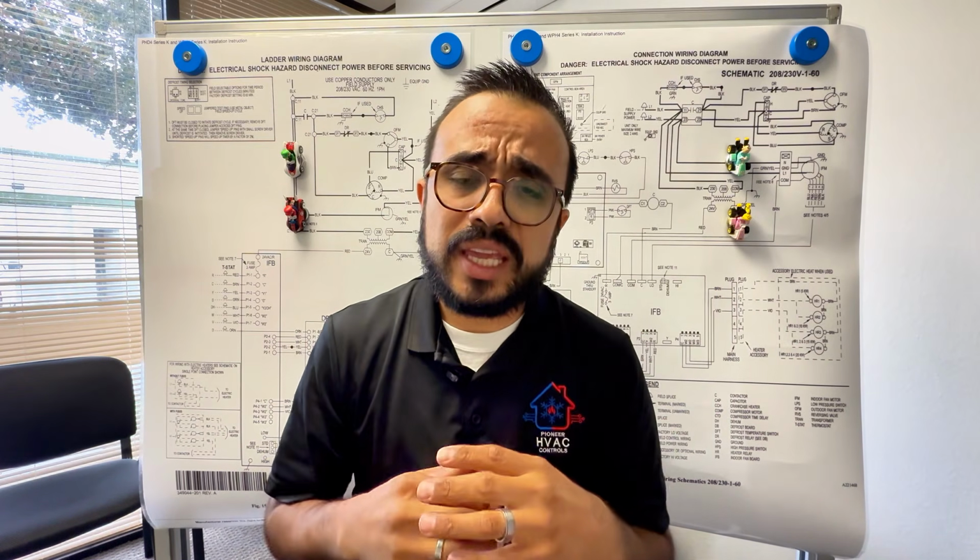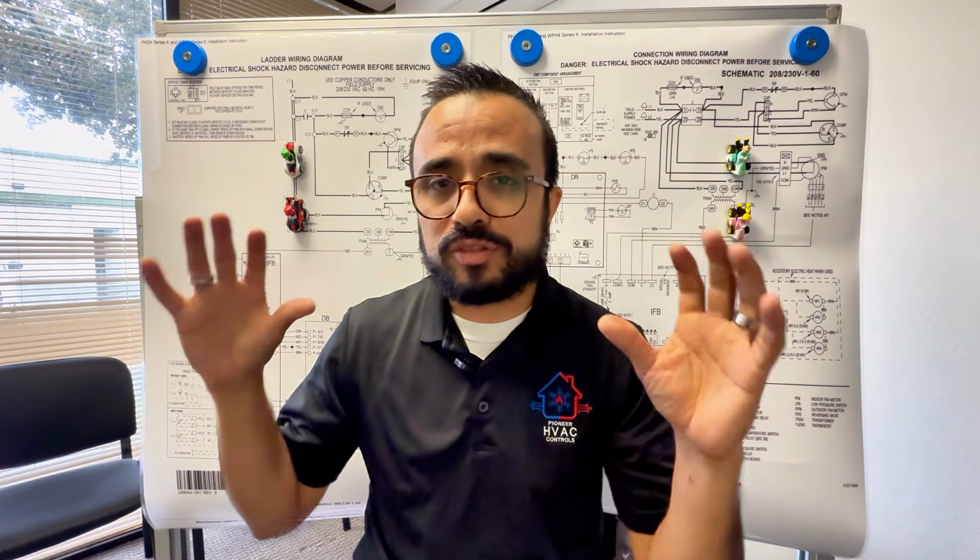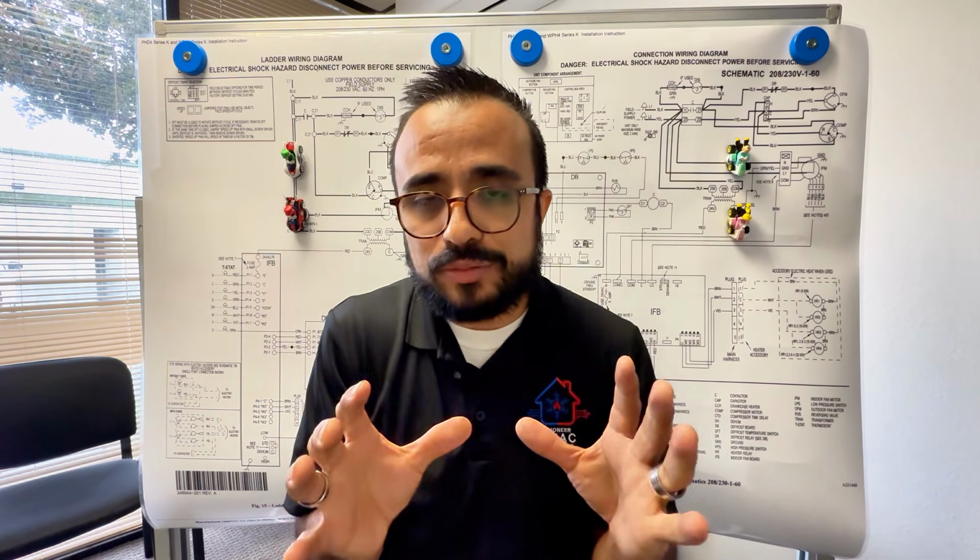So yes, this was a light class on schematics. Like I said, I wish I could have kept it a lot smaller, but it gives you a basic foundation. So if you go to units that are single phase or 3-phase conventional air conditioning systems, this will help you understand and have a basic grasp on how to read schematics.